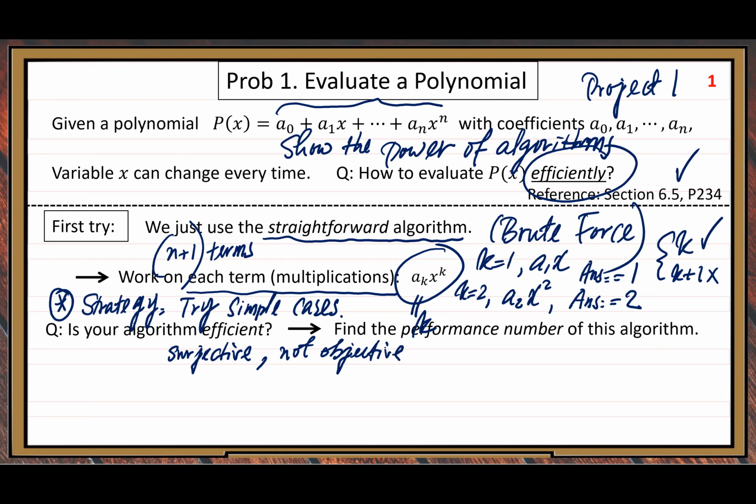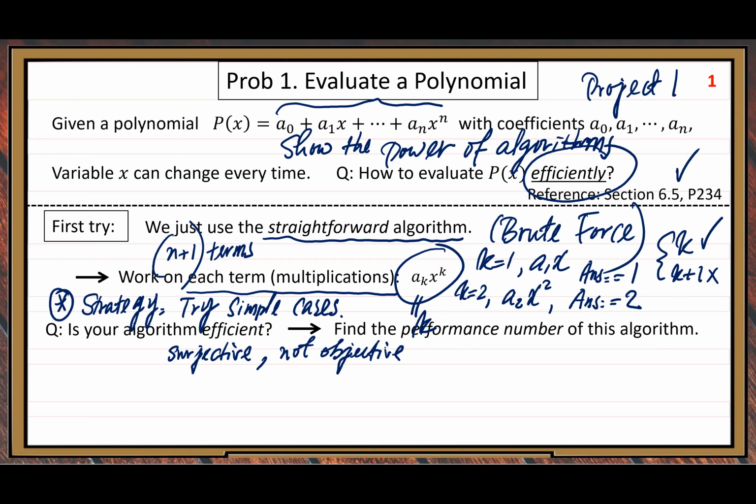If some algorithm gives you an answer in 5 seconds, some people may feel it's okay, I can take it in 5 seconds. But some people will say it's too slow, I cannot accept it. So that's why I say it's subjective.